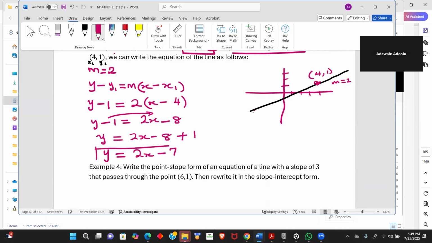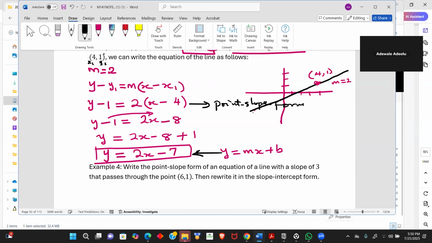So you would say, wait, teacher, this is like y equals mx plus b. Yes, you are very right. All I did here was start in point slope form.